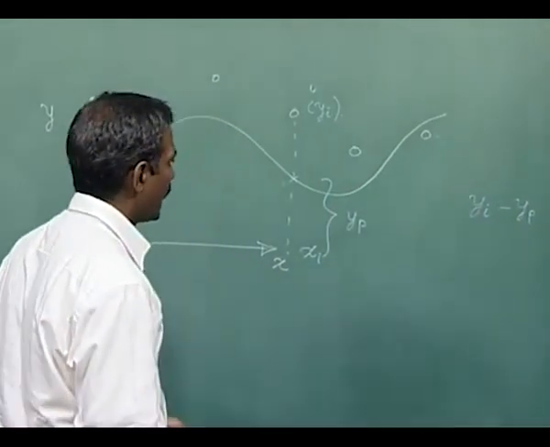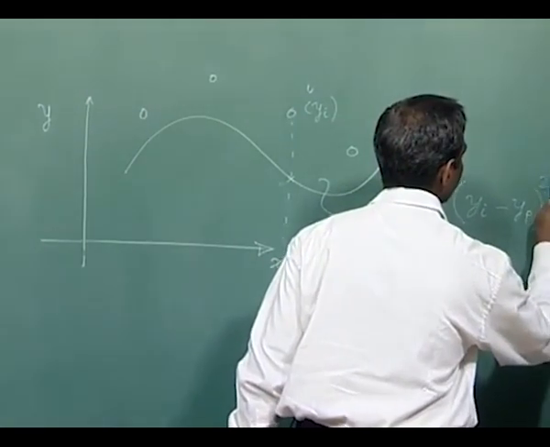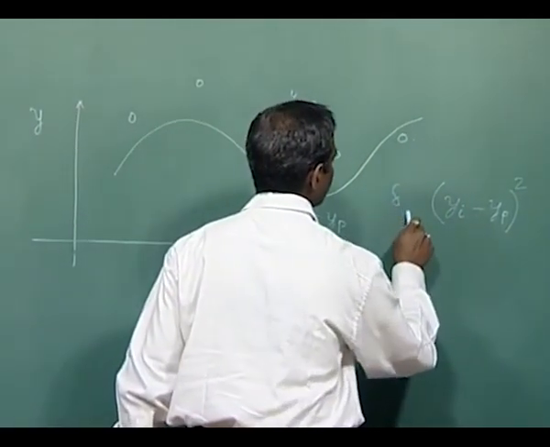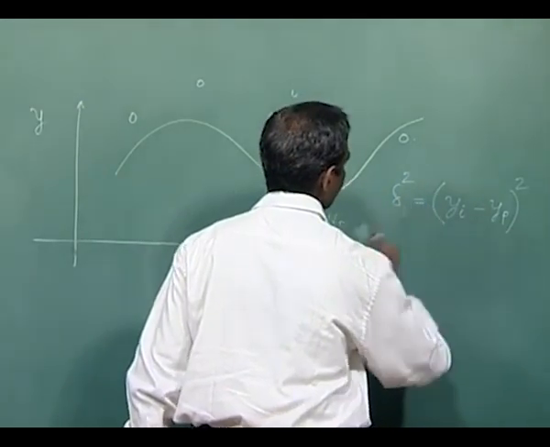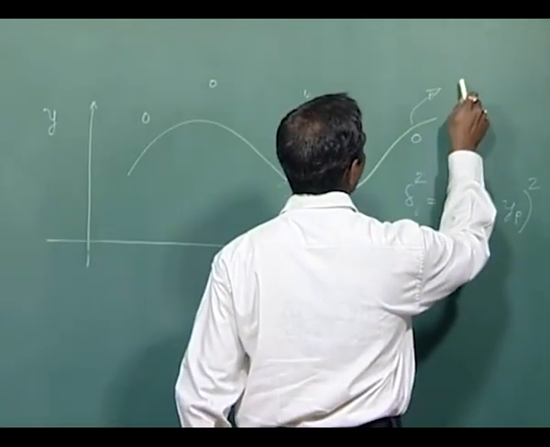One can either take the absolute value or one can take the squared value. This is delta_i squared. Recall that this is a quadratic polynomial.